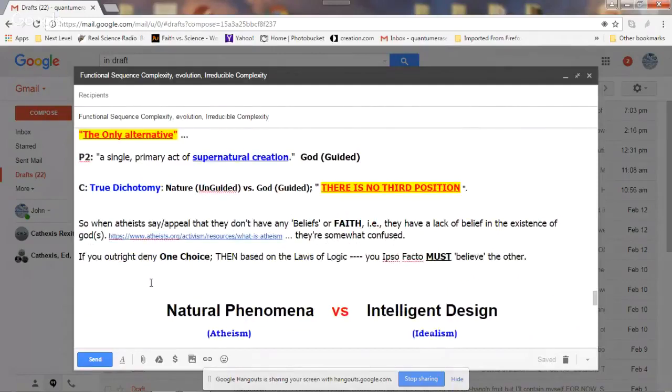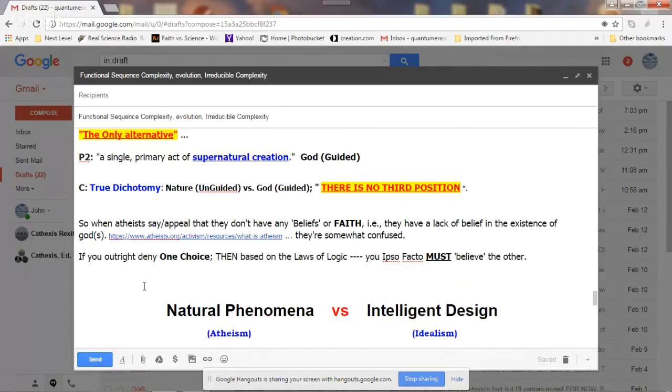So when atheists appeal that they don't have any beliefs or faith, the definition right here says atheists have a lack of belief in the existence of gods. I got that from the Atheists Are Us site right here, so this is certifiable. So they're somewhat confused.